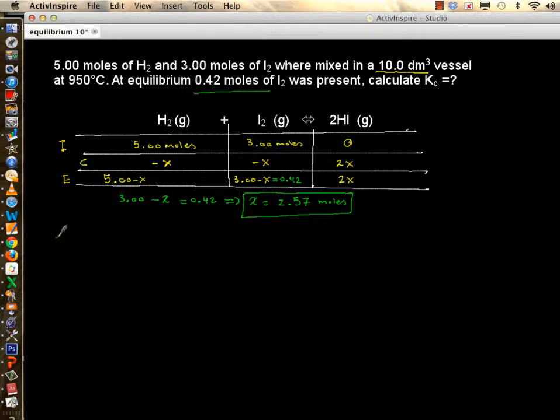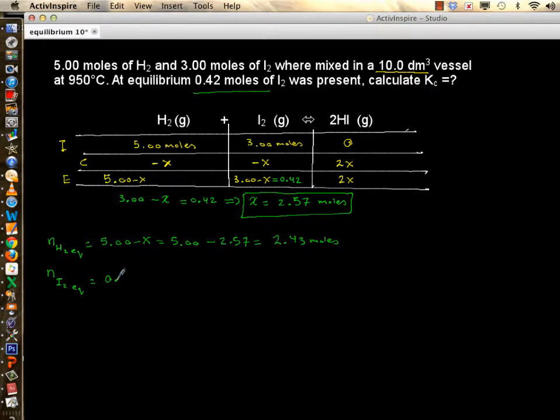Now let's find moles rather than concentration. Moles of hydrogen at equilibrium is 5 minus X. So 5 minus 2.57 is equal to 2.43 moles. Well, we don't have to find moles of iodine. It's given to us.